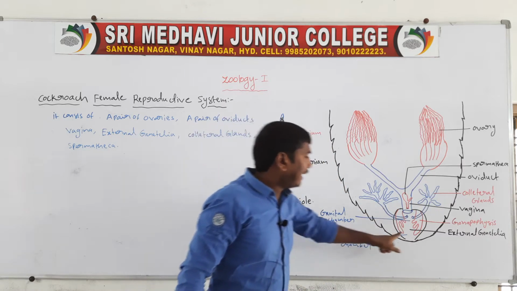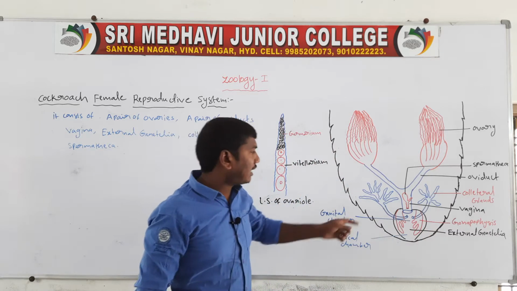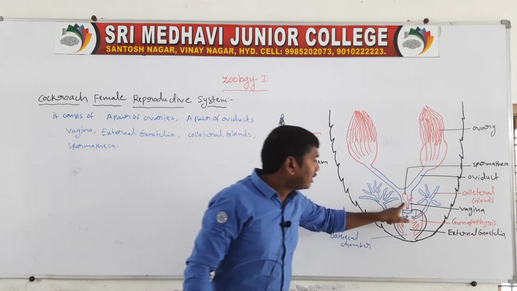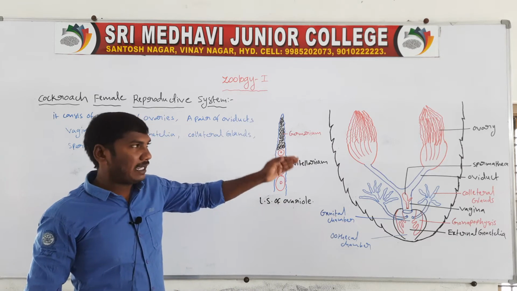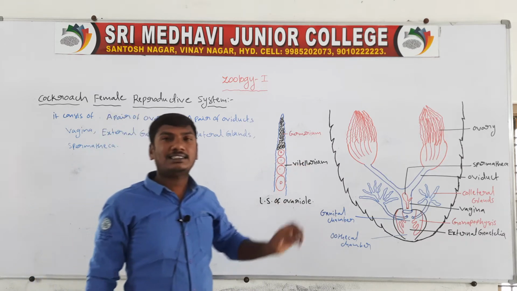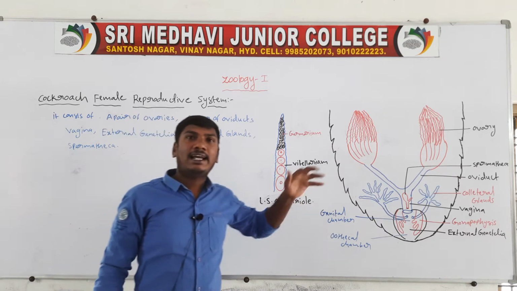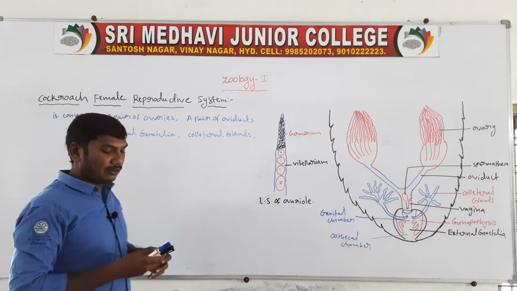Next one, the external genitalia. Next one, the collateral glands. And the spermatheca. So the female reproductive system consists of a pair of ovaries, a pair of oviducts, vagina, external genitalia, collateral glands, and spermatheca.